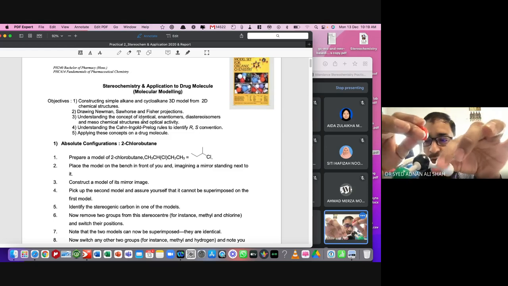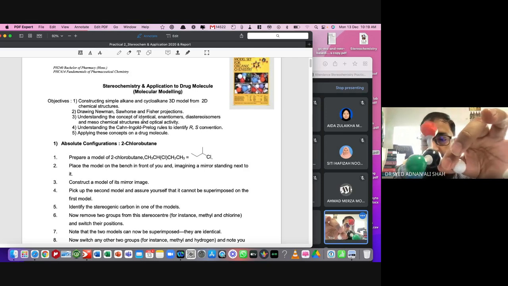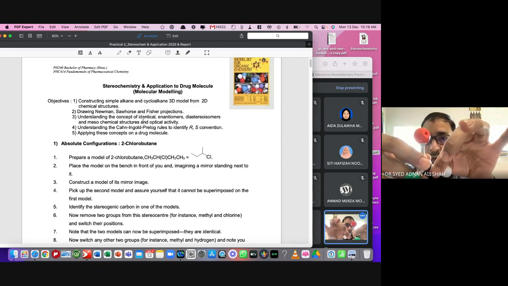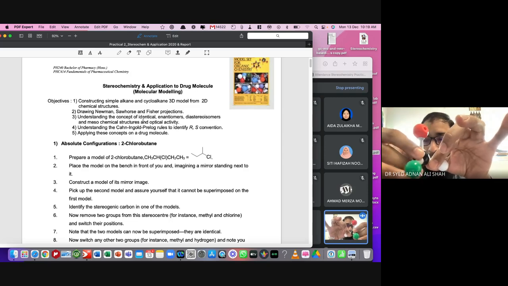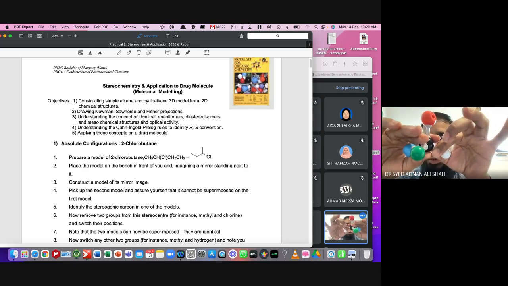For example, this one is a bromine, this is the chlorine, and this is fluorine. So all the atoms attached to this carbon are different, non-identical. So this carbon is called the chiral carbon or asymmetric carbon. This is the stereogenic center, the stereo center.